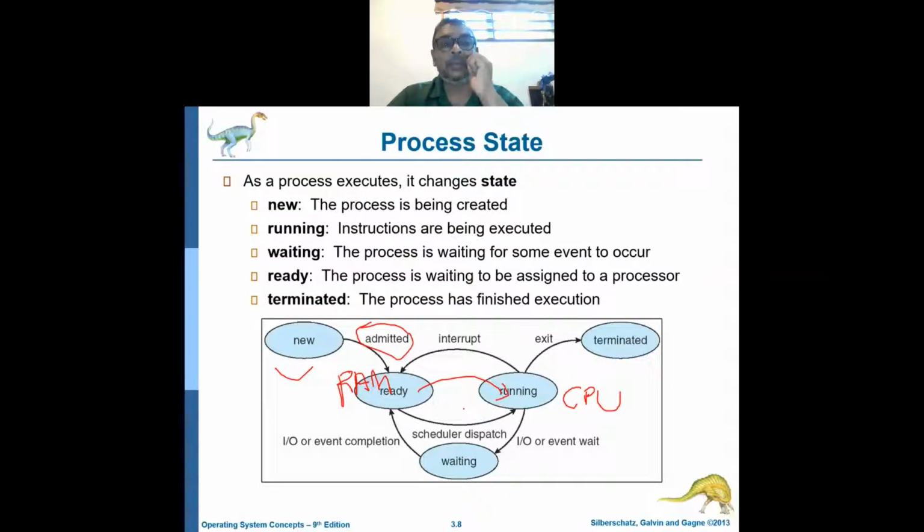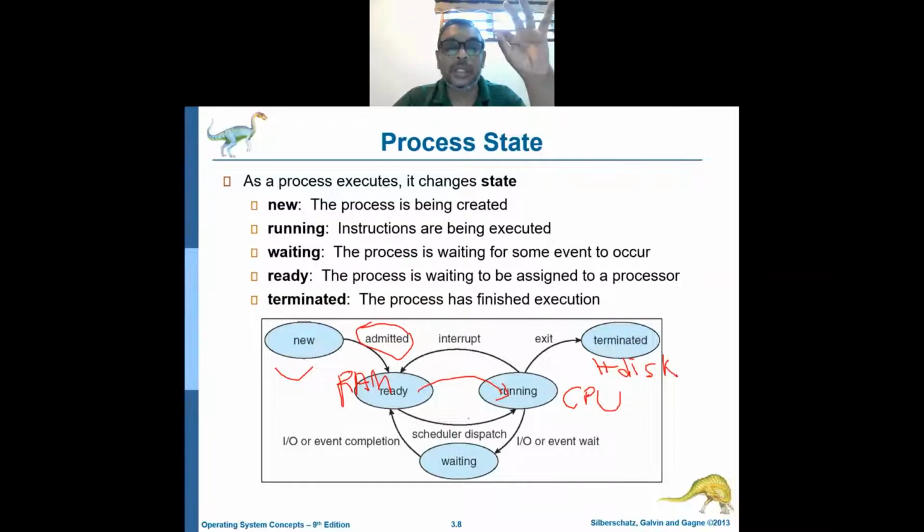Now the process is brought from ready to running. Once the process is terminated, when I shut down, the process goes back to the hard disk and is now called terminated.